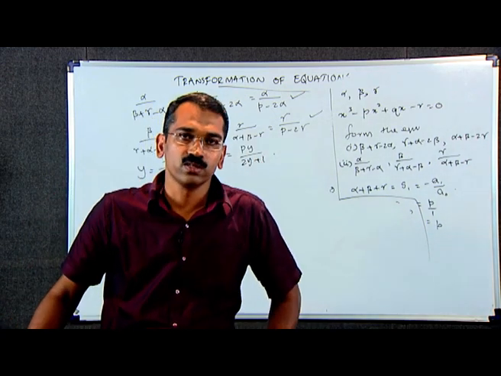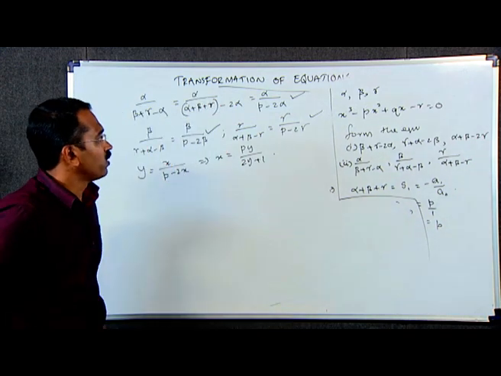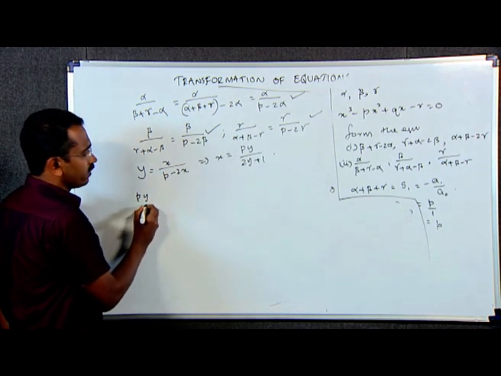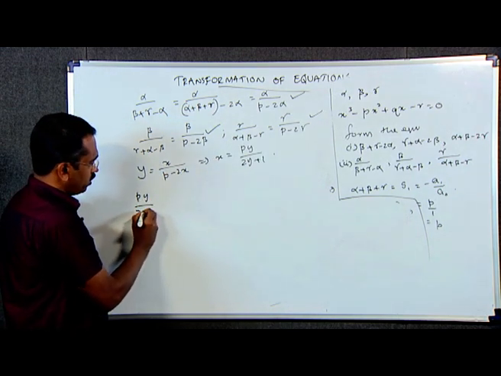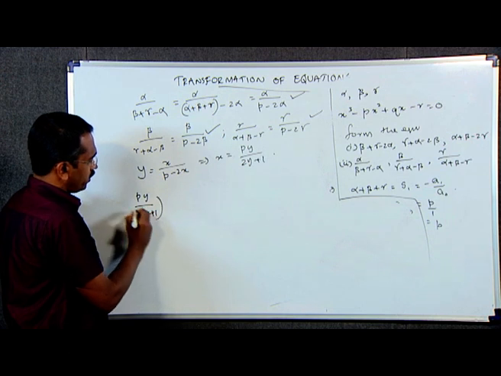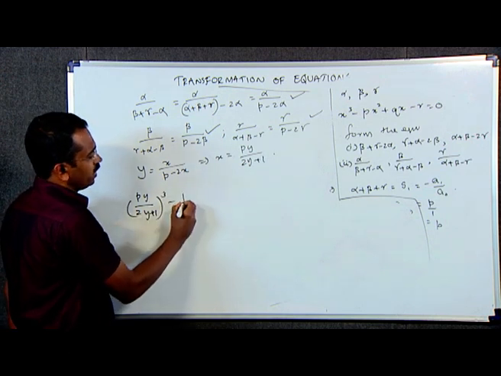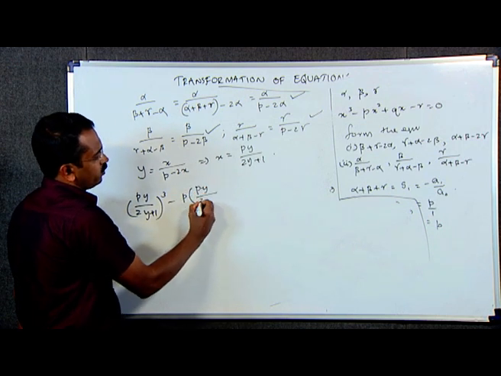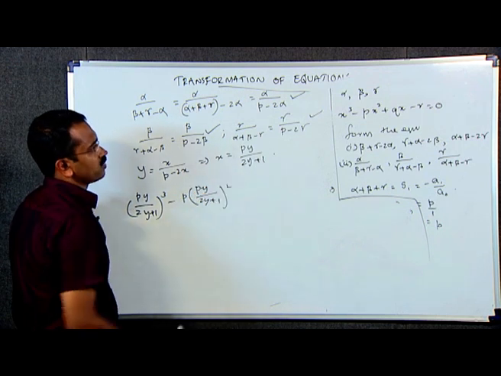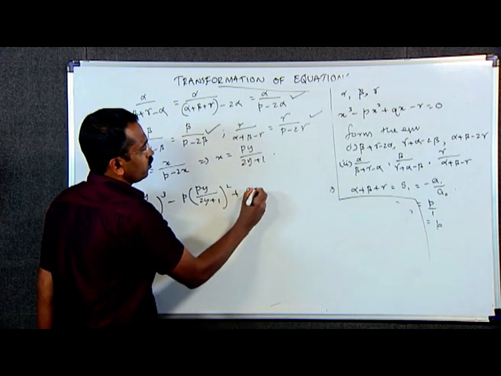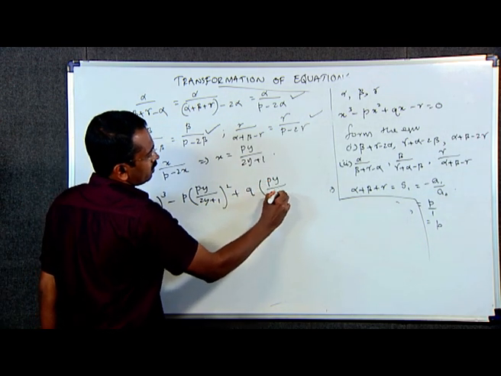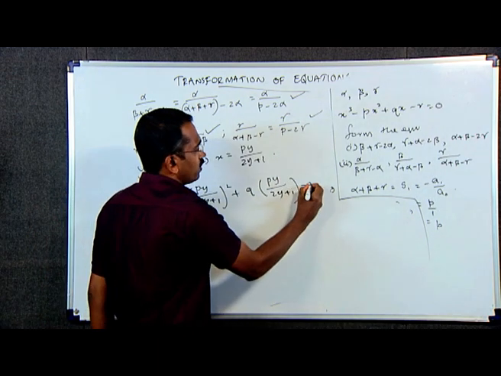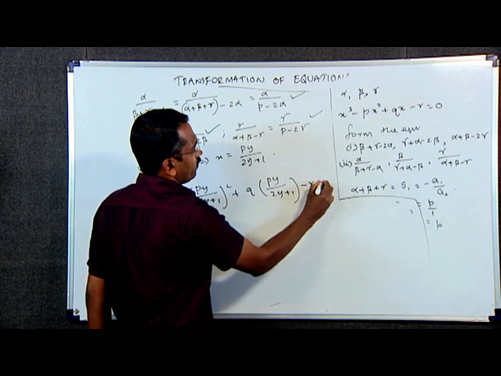Using this value of x in the given equation, we will get the required equation as x cube, that is py divided by 2y plus 1 the whole cube, minus p into x square, x is py divided by 2y plus 1 whole square, plus q into x, that is py divided by 2y plus 1, minus r is equal to 0.